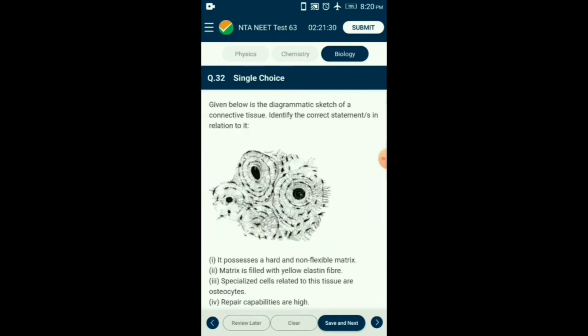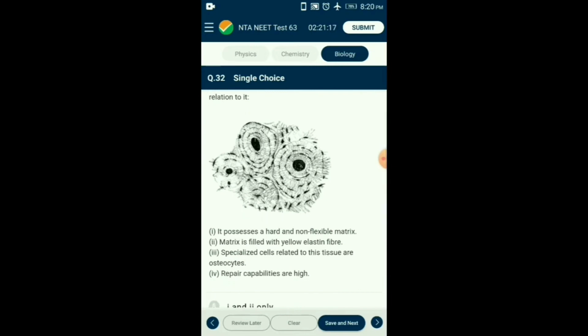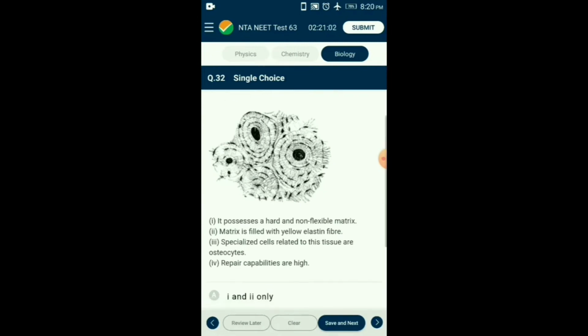Question number 32. Given below is the diagrammatic sketch of connective tissue. Identify the correct statement in relation to it. Bone matrix is a composite material consisting of organic and inorganic components. The organic matrix makes up to 20% of the weight of bone, and it is comprised primarily of collagen.